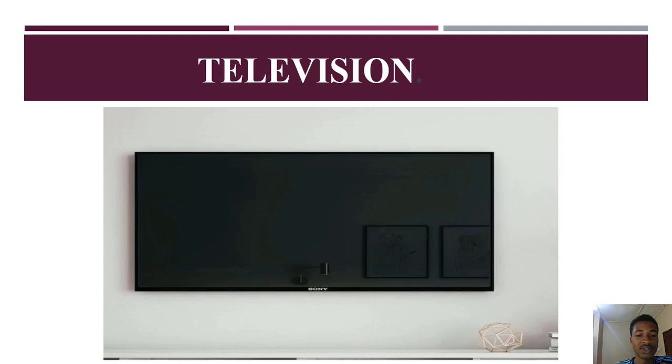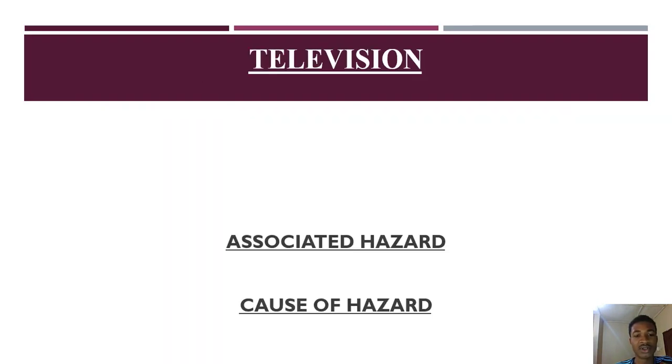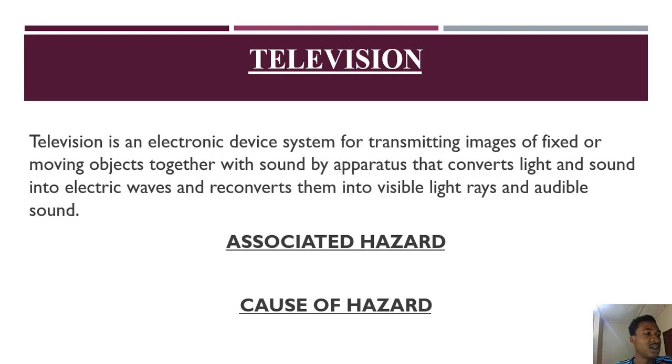A television is an electronic device system for transmitting images of fixed or moving objects together with sound, by apparatus that converts light and sound into electric waves and reconverts them into visible light rays and audible sound.